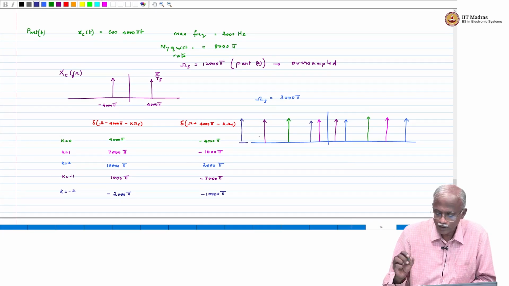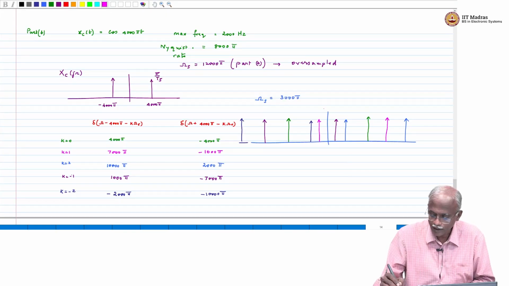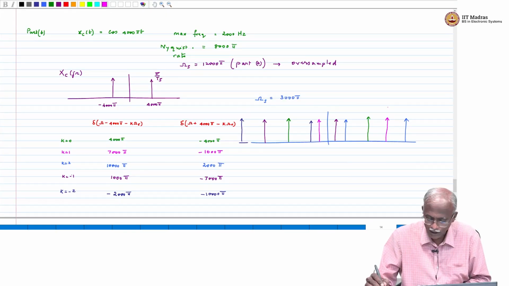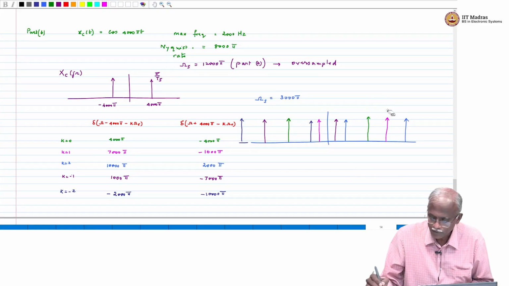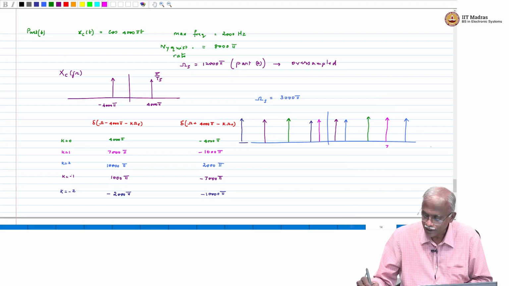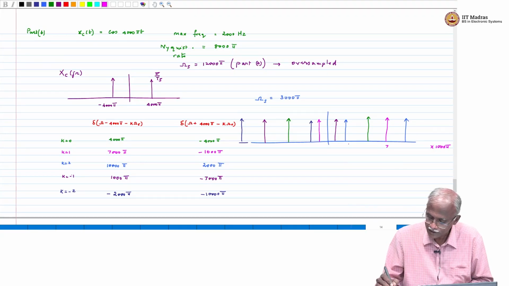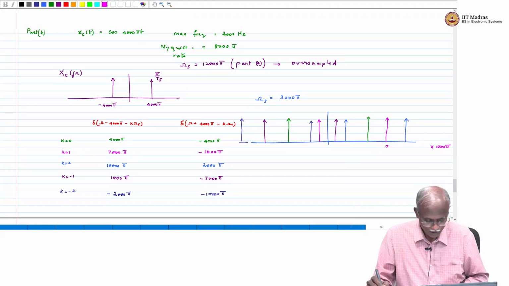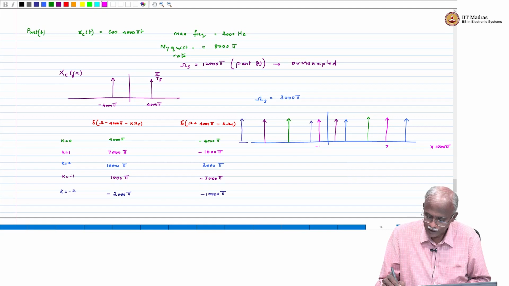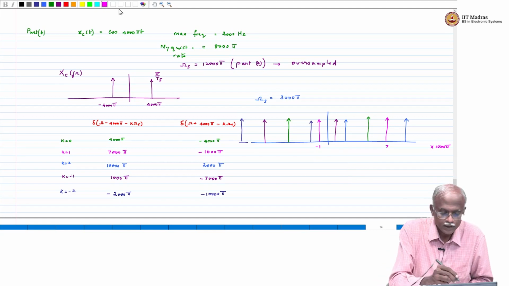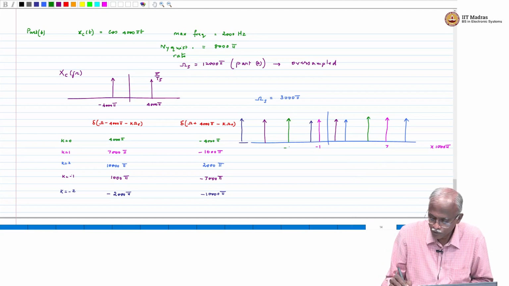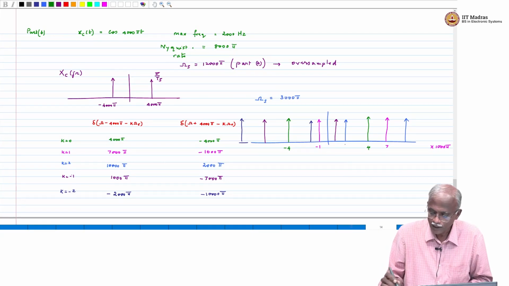Okay, let me just write down the frequency so that there will be something there. So, this is 7000. Let me just write 7. So, this corresponds to 7 multiplied by 1000 pi, whatever is multiplied by 1000 pi. So, this is 7000 pi and this is minus 1. This is minus 4 and 4.